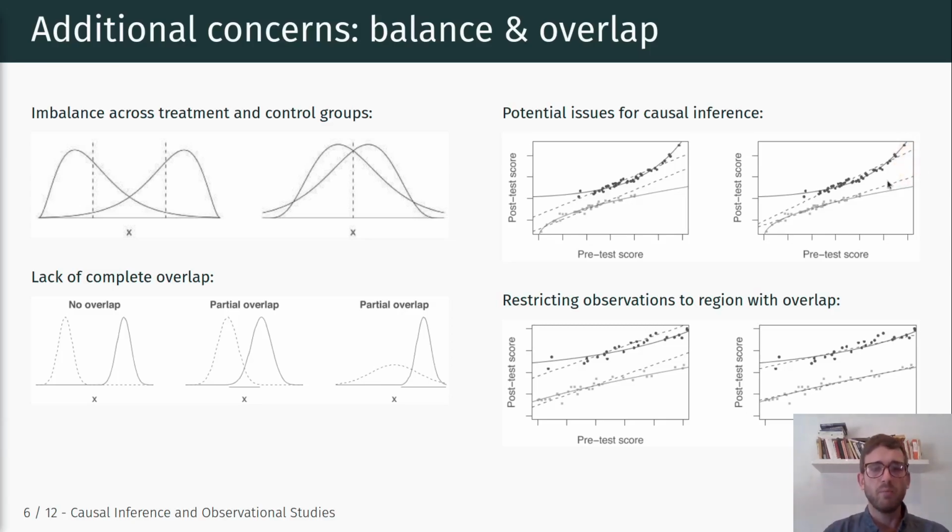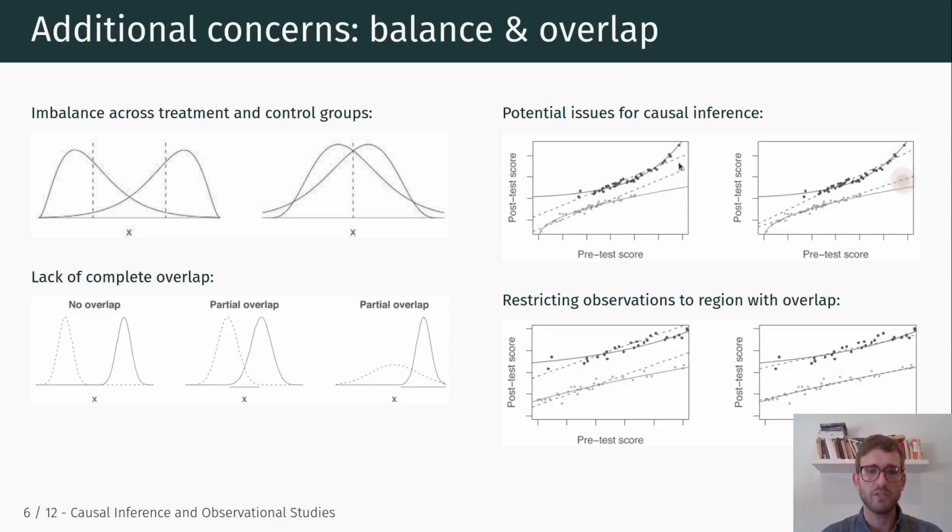Okay, the key insight here is that because we have a lack of overlap, particularly for the areas where there is no overlap, our estimated treatment effect is very dependent on our model specification. So whether we include an interaction term or not, our estimated treatment effect is very different, right?